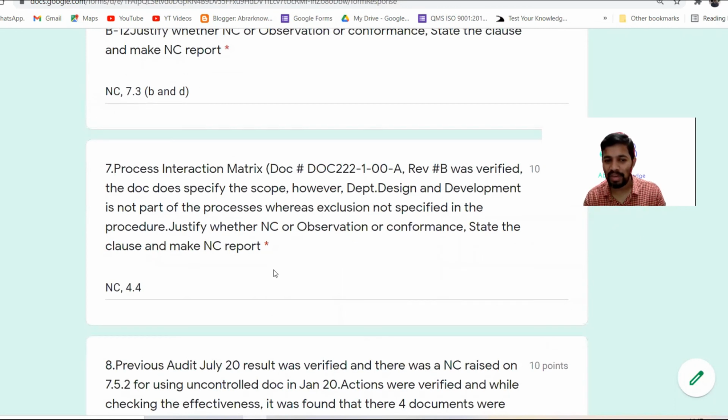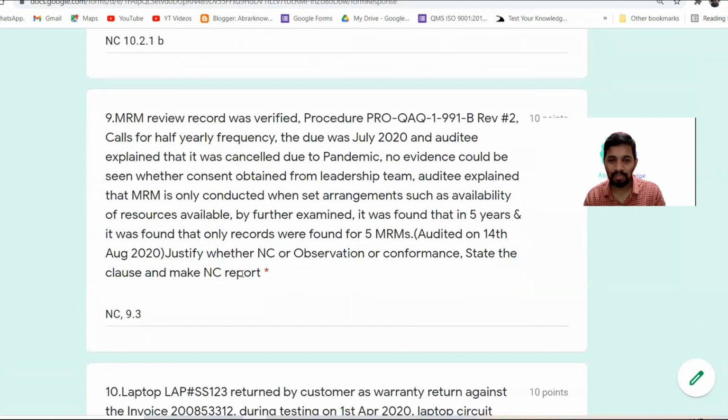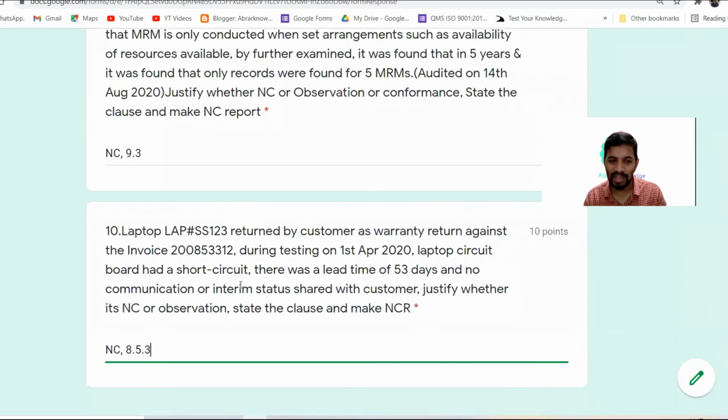The process interaction matrix is 4.4. For the previous audit finding, the main problem is that it is not possible to fix the root cause since many changeovers happened, so the root cause has to be fixed, 10.2.1. And MRM is 9.3, a straightforward class. And the identification and preservation of product is 8.5.3.